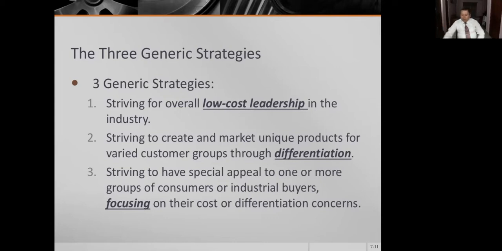But at this moment, we will just be sticking to this. Concept-wise, low-cost leadership, differentiation meaning having unique products, and then focus means either cost leadership or differentiation, but into a niche market or a special segment.